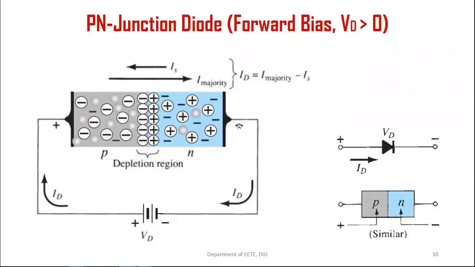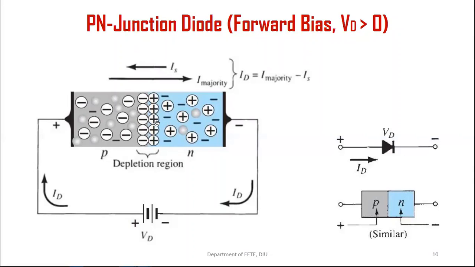Similarly, the n-type material is connected with the negative terminal. This negative will repel the electron. So now the electron will move from right to left.